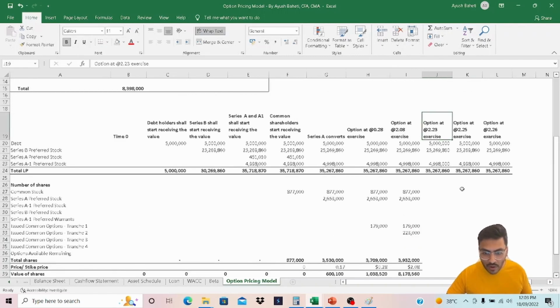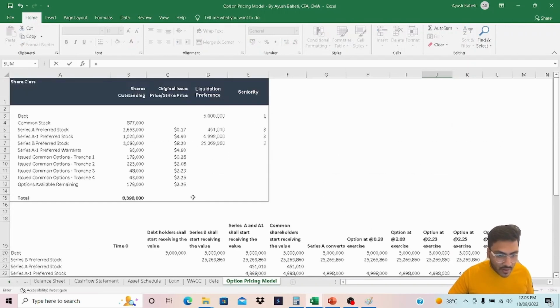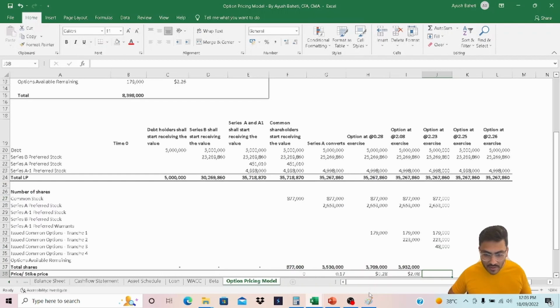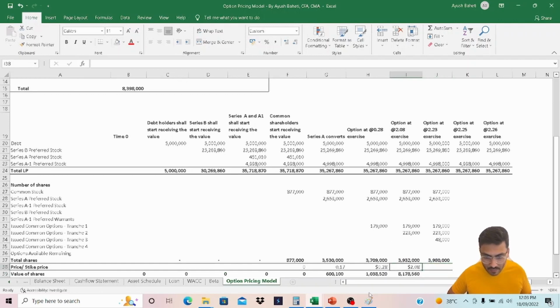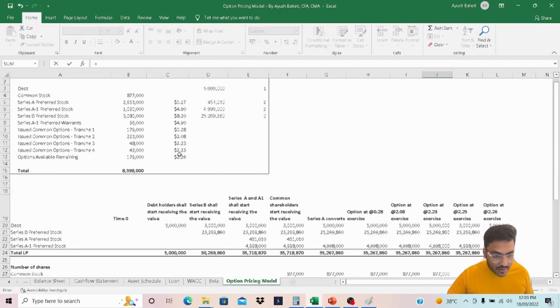Now similarly for tranche 3, this all will be the same because everyone is participating. And at tranche 3, the number of shares is 48,000, and the strike price is 2.23.